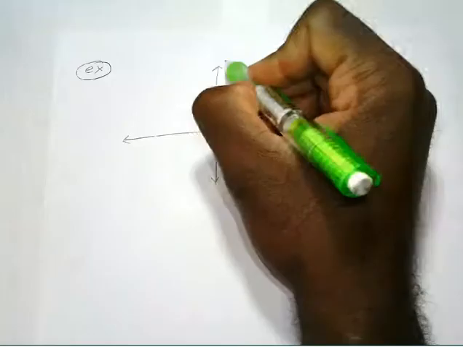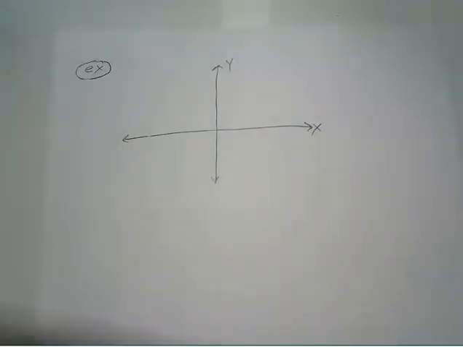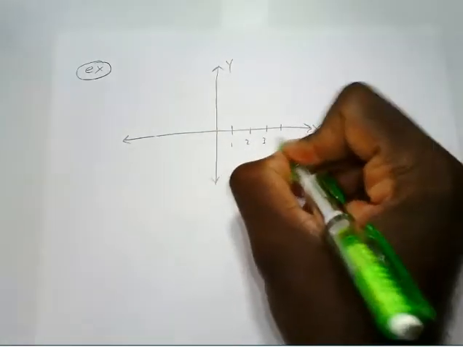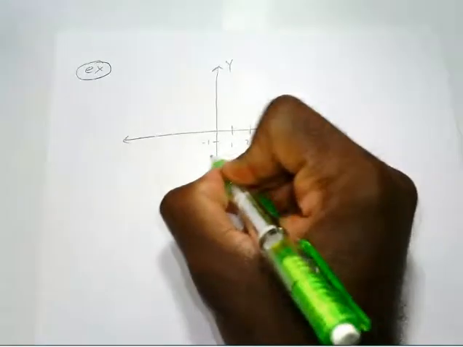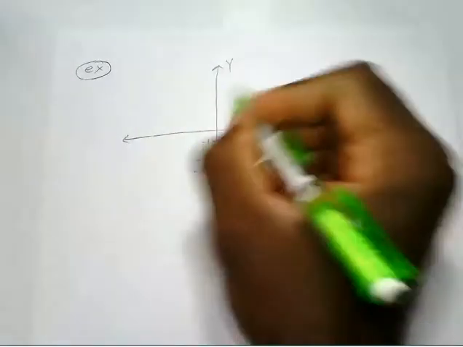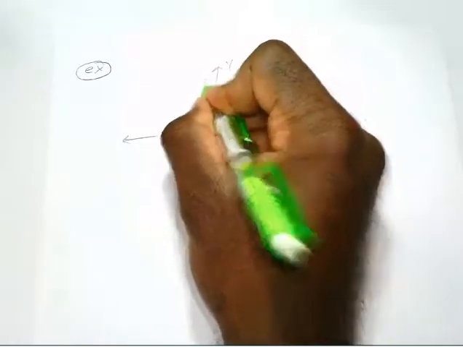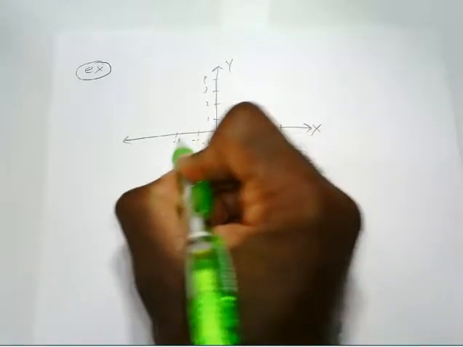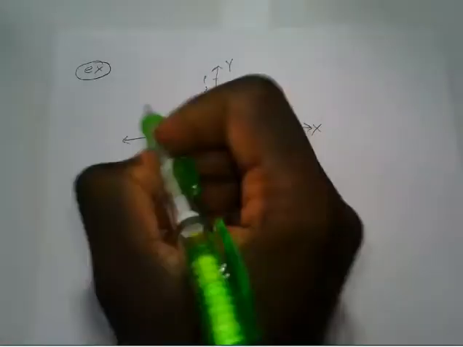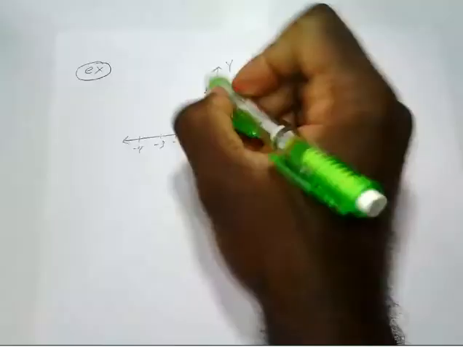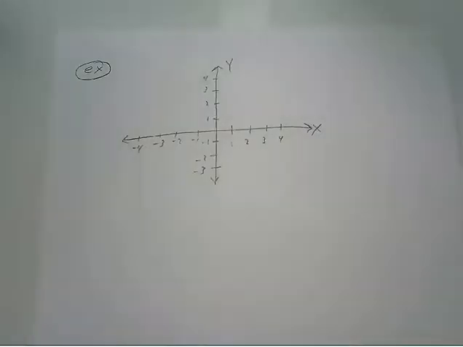You have your X and you have your Y. 1, 2, 3, 4. 1, negative 2, negative 3, negative 4. There we go. All right, so we have our basic graph.